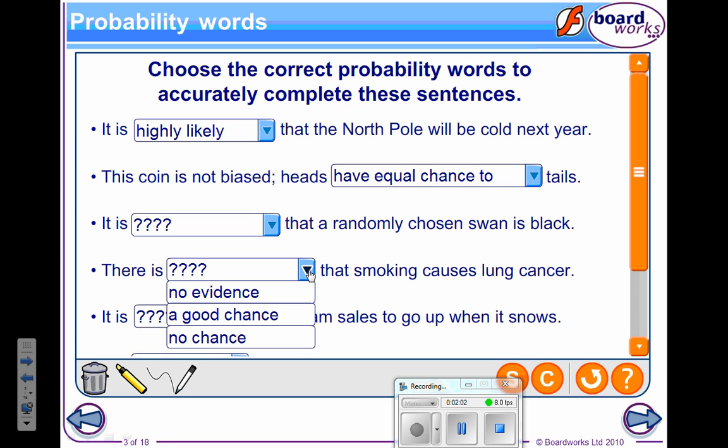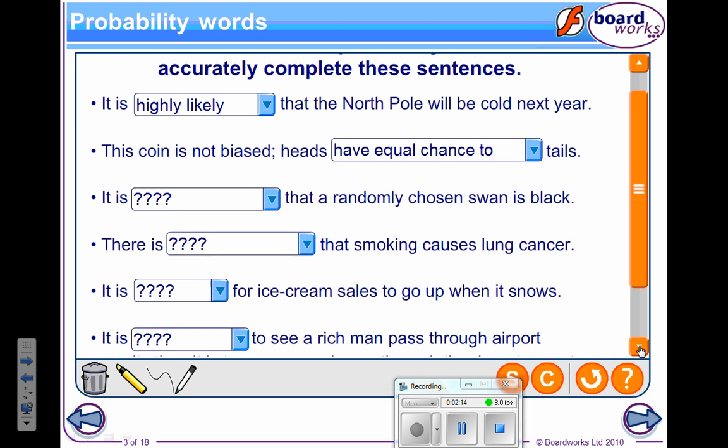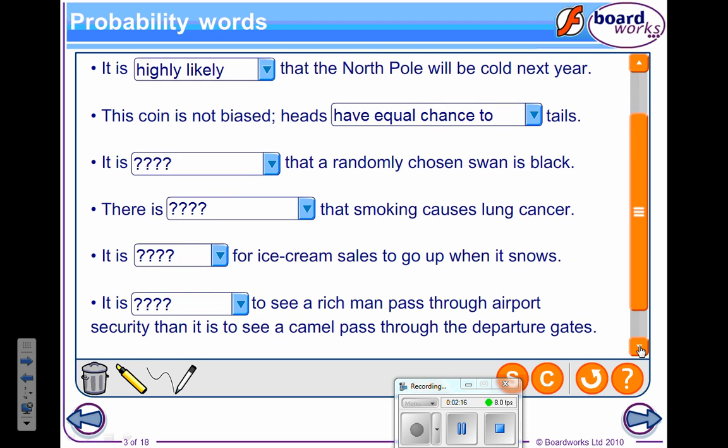Next one, there is no evidence, a good chance or no chance that smoking causes lung cancer. It is unlikely, usual, certain for ice cream sales to go up when it snows. Unlikely, usual, certain.